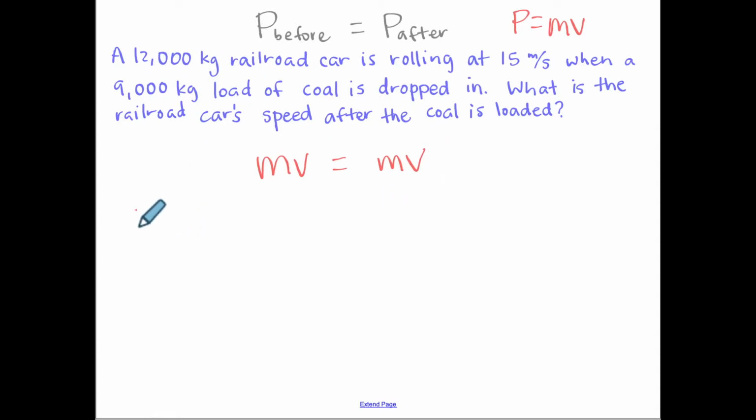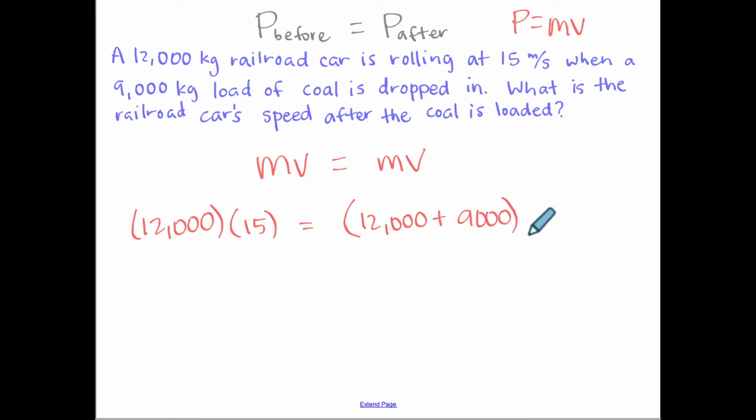So in this case, we have 12,000 kilograms of mass beforehand, and it's moving at 15 meters per second. And then afterwards, we have the 12,000 kilograms of mass plus 9,000 kilograms that are dropped into the railroad car times the velocity, which is what we're trying to find. So when we solve for this velocity, we get 8.6 meters per second.